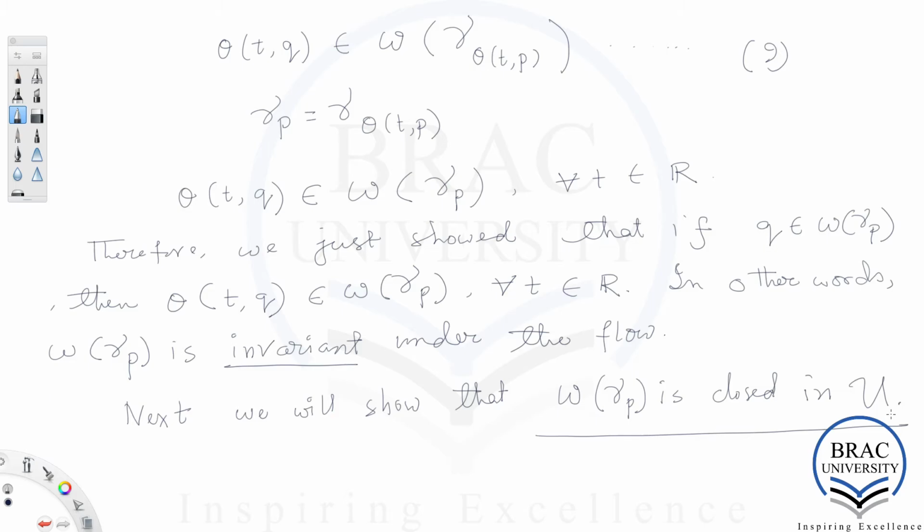Okay. Good. So what we want to show here is that the omega limit set is closed in U. So it is equivalent to showing that the complement is open in U, right?